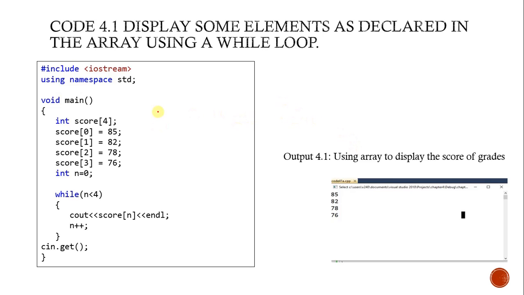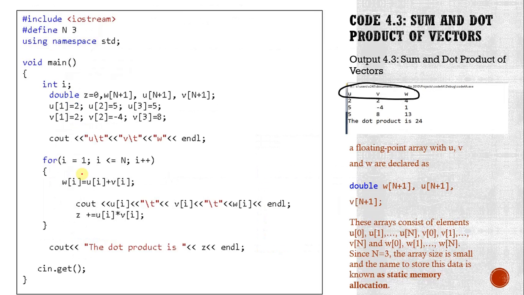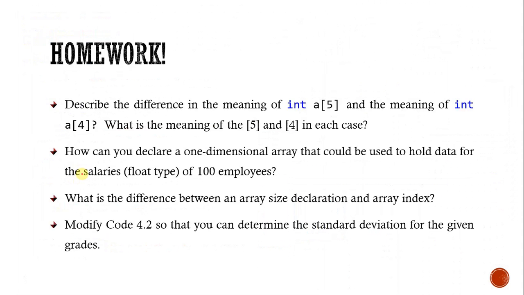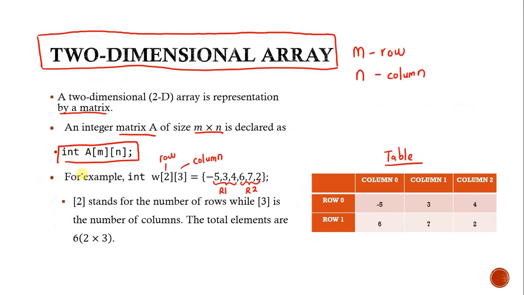When you declare an array, if the size is 4, this is for a one-dimensional array, your index starts from 0, and then 1, 2, 3. Similarly for this two-dimensional array, this is actually 0, 1, 2, and then rows 0, 1. So to initialize, you start from 0, 0.